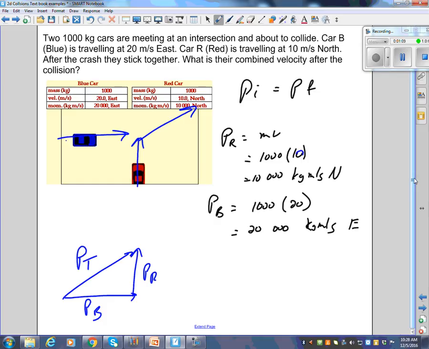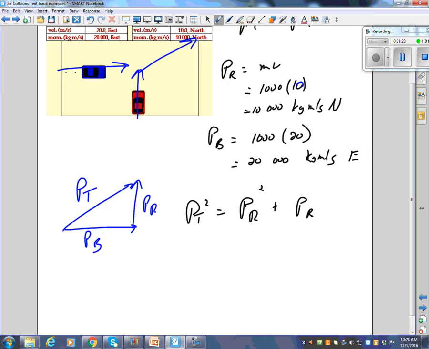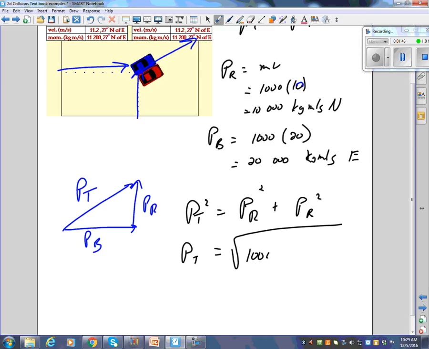And now I'm simply going to find the total momentum at the end. So PT squared is going to be equal to the red momentum squared plus the blue momentum squared. So that's going to be the square root of 10,000 squared plus 20,000 squared.